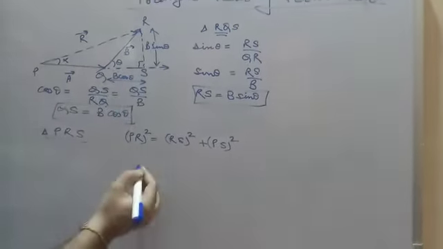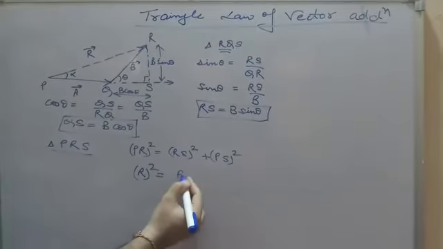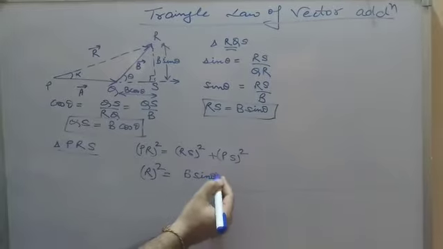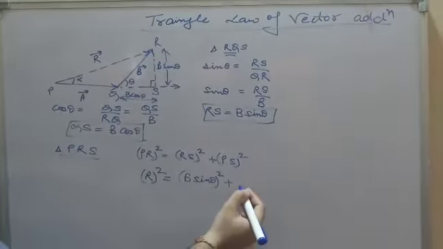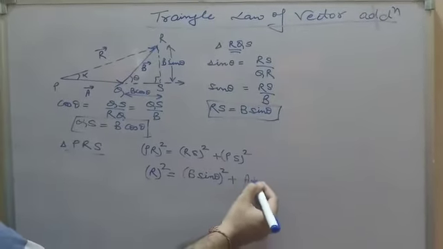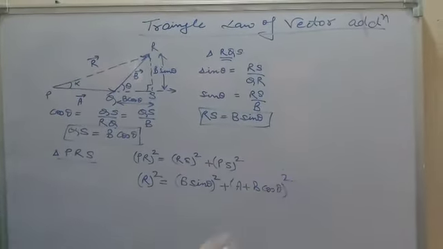Now PR is R, RS is b sine theta whole square, PS is PQ plus QS, which is A plus b cos theta whole square.